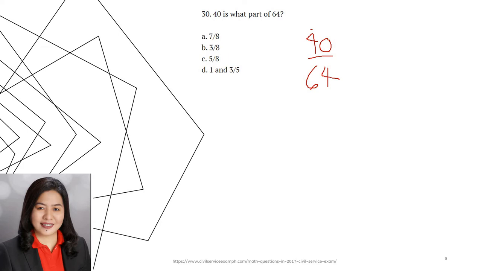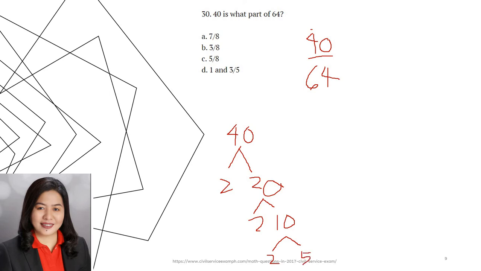We can do our prime factorization here. 40 ends with 0, so we can have 2 and 20. 20 can still be factored to 2 and 10. And 10 can be factored to 2 and 5.